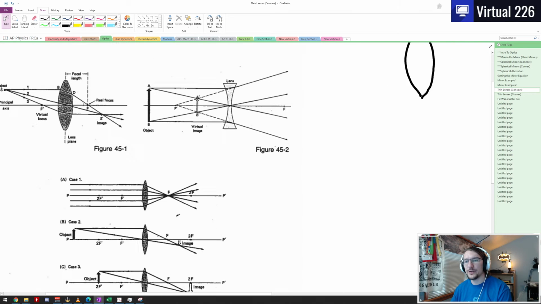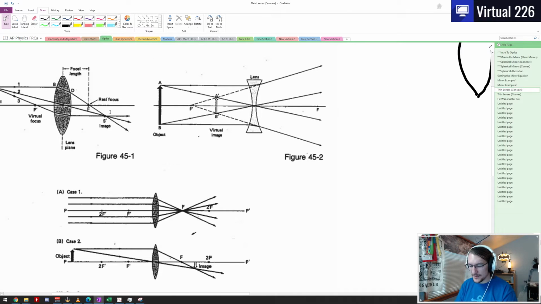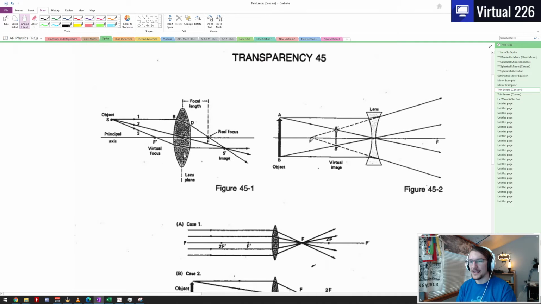So if we look at these ray diagrams, let's first look at a double convex lens. What's going to happen is, if our object's out here, here's the arrow, we can draw some rays again. Our first ray that we can draw is just a flat ray that's going to strike the lens.